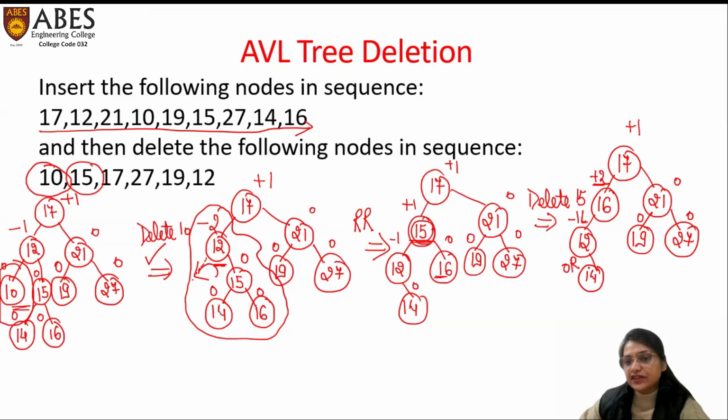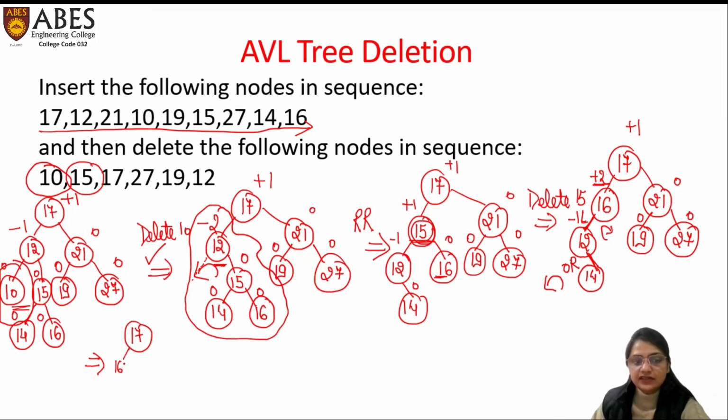Because this part is heavy. This part is heavy, then we have to perform the rotation in the opposite direction. Okay, this part is heavy. This is L, this is R. And we know in the LR case, the rotation needs to be done in the opposite direction. It will be like this and it will be like this. Then the final tree will be 17. Then the first subchild has to be done.